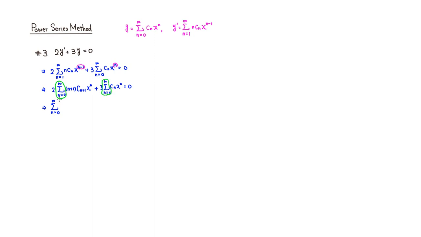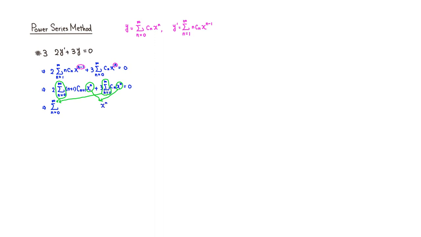Also, we have x^n in both places, so there's no point of writing it twice. I'm going to pull it out and write it once.